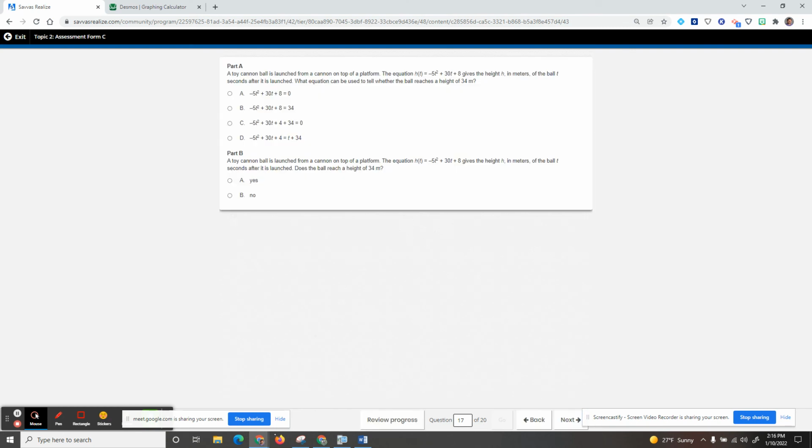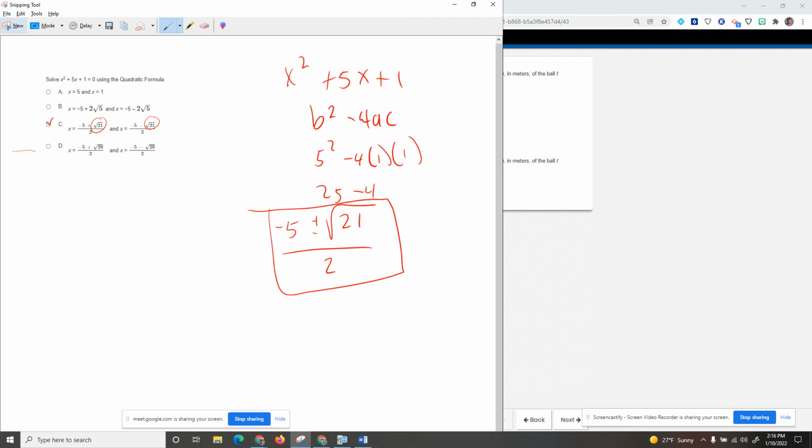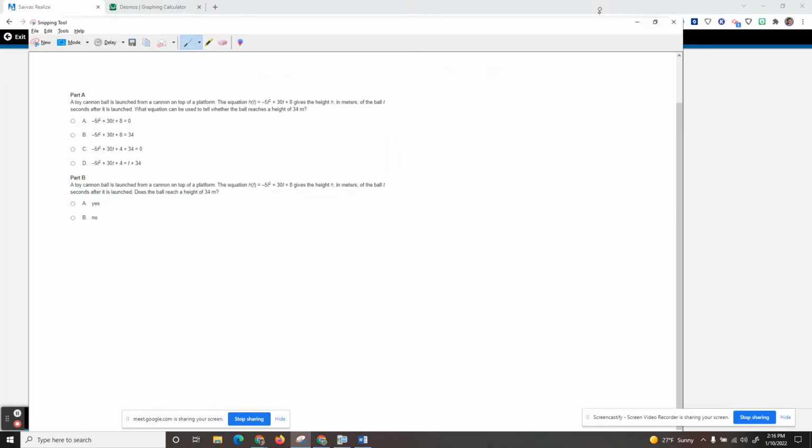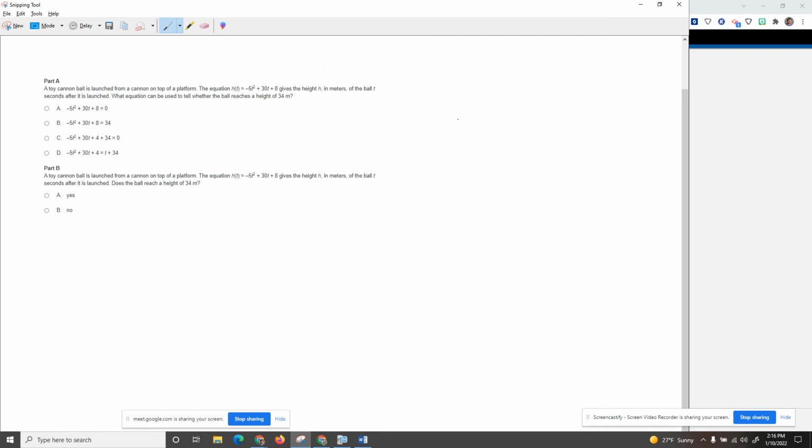Let's look at number 17. Number 17 is asking, you're launching a toy cannonball from a platform. Does that ball reach a height of 34 meters? So we can use the discriminant to answer that question.